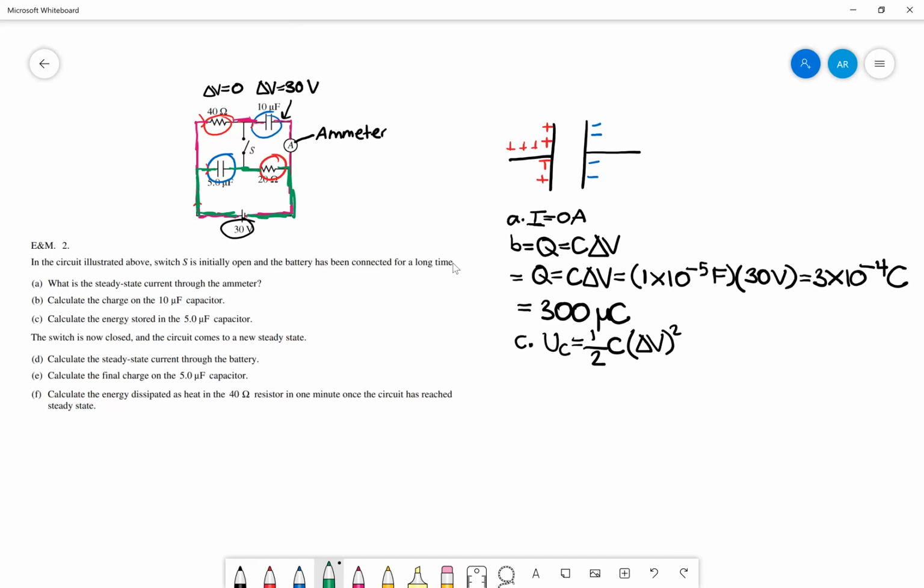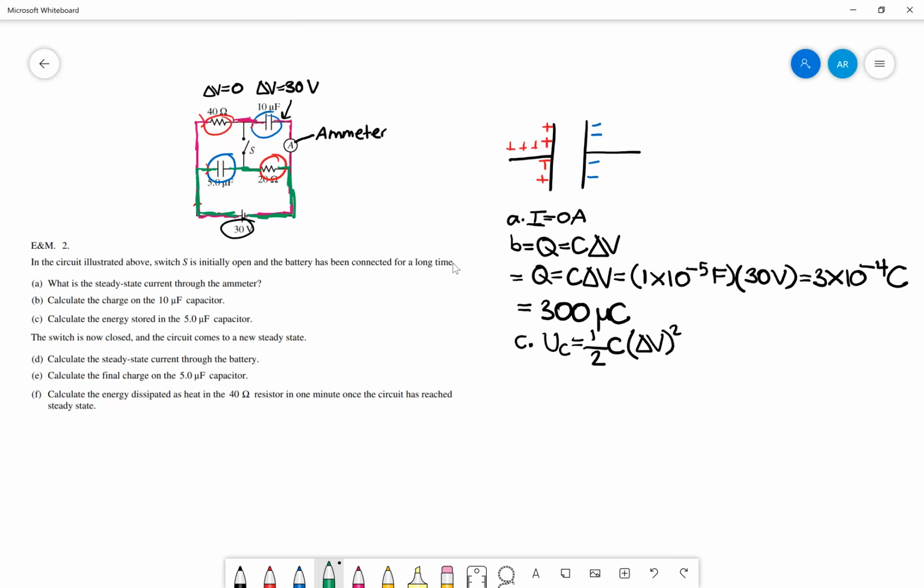Now, the current through this resistor, at the steady state, we're assuming that the capacitors are fully charged, which means that there's no current going through the capacitor, which means there is no closed path.